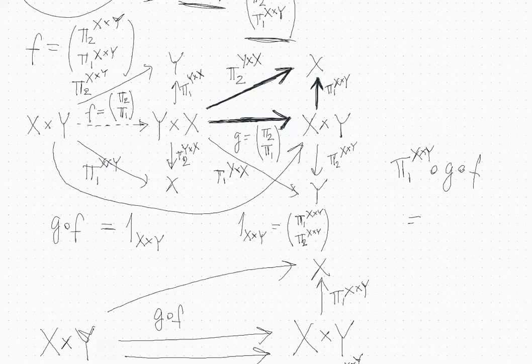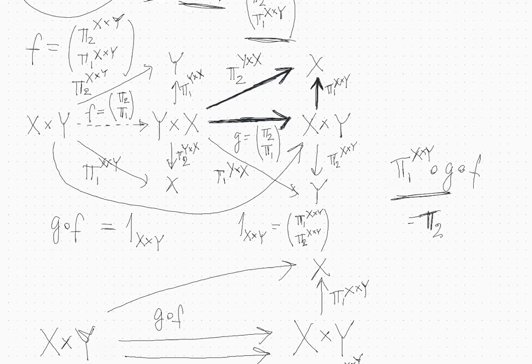In other words, what I'm trying to say is that this composite over here, pi1 xy composed with G, is equal to pi2 yx.